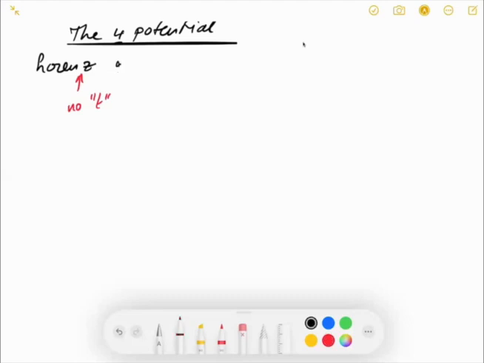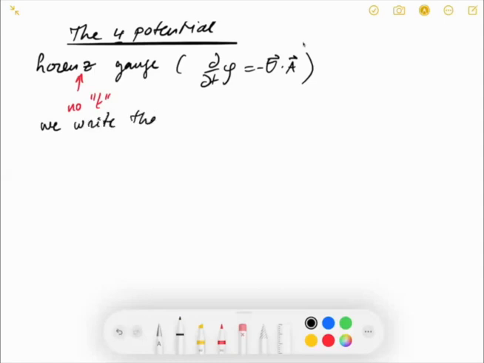In the Lorentz gauge, which is that d/dt of phi equals minus the divergence of A, we were able to write Maxwell's equations with sources, that is, Ampere Maxwell plus Gauss's law.